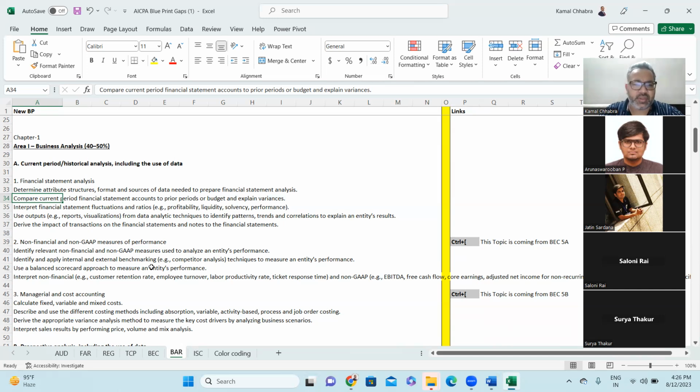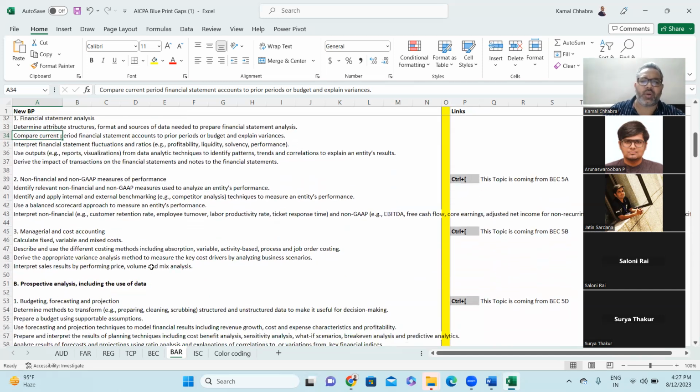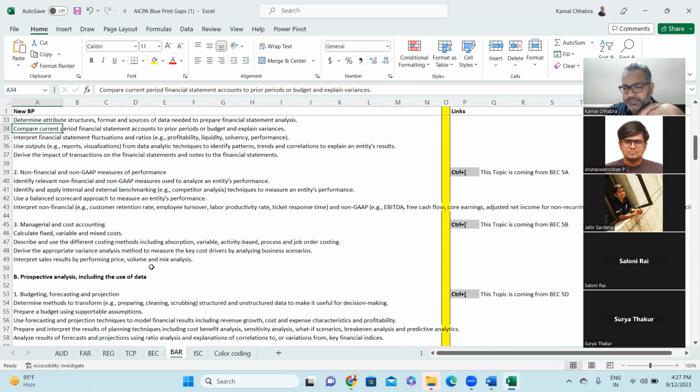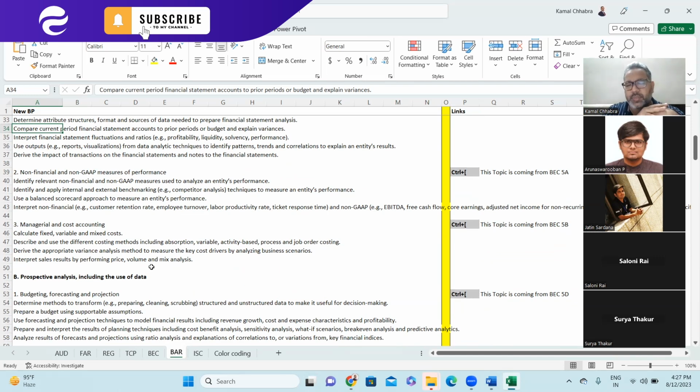The second topic is non-financial and non-GAAP measures of performance. When you say non-financial and non-GAAP measures, do you know what GAAP is? Generally accepted accounting principles. In the US, we follow US GAAP.